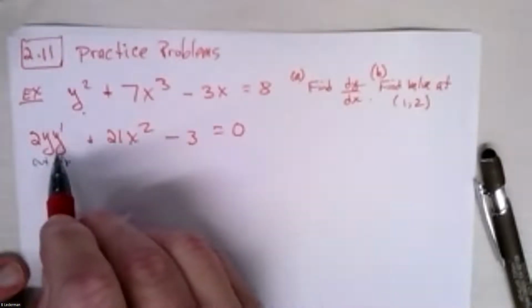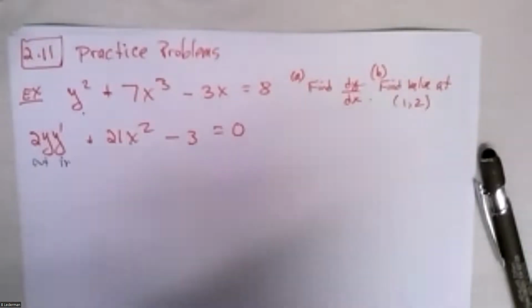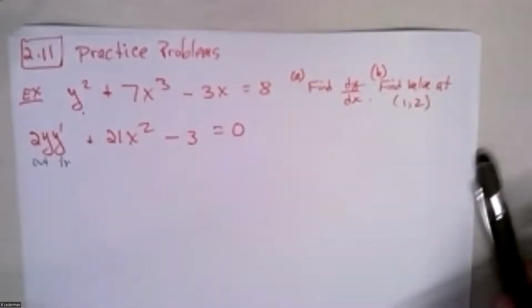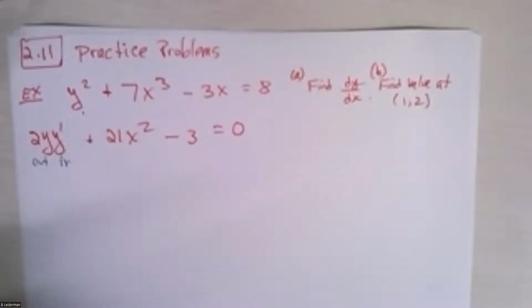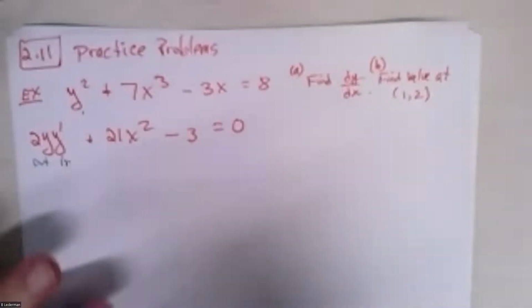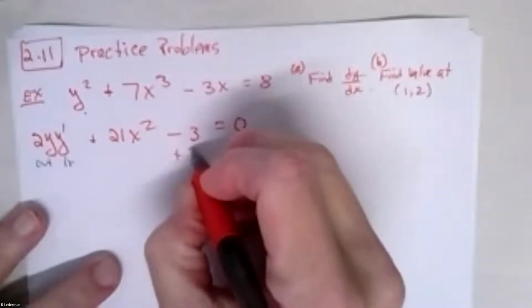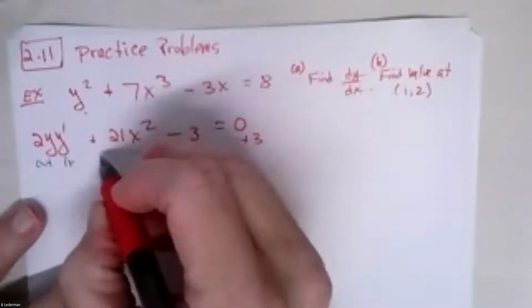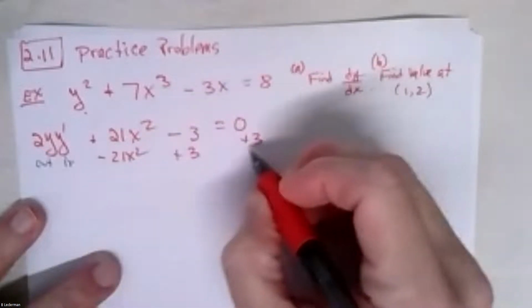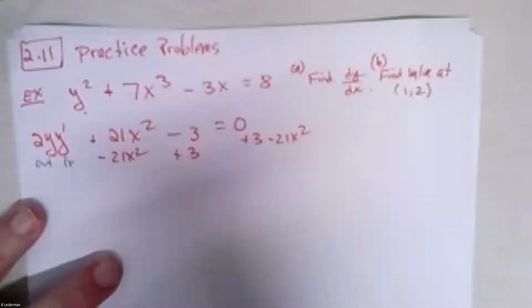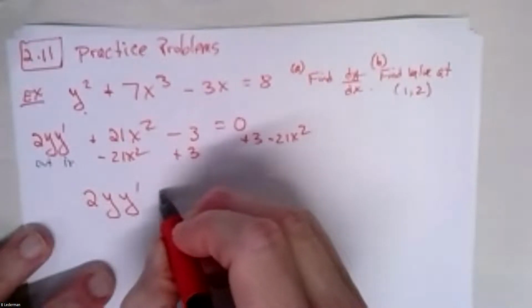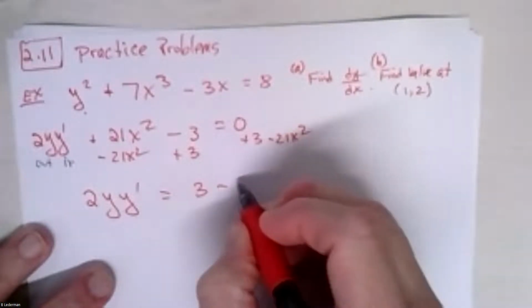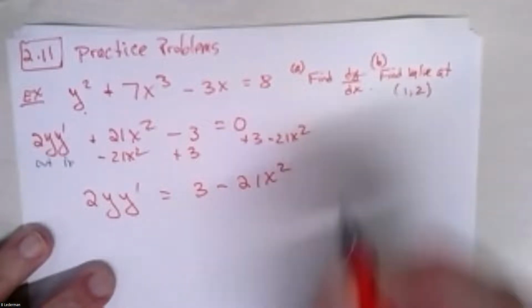Now, that was all the calculus. By the way, you'll notice that in calculus problems, there's usually one step of calculus and a jillion steps of algebra. From this point on, it's all just algebra. So we're going to bring the 3 over to the other side, and we're going to bring the 21x squared over to the other side. I get 2y y prime equals 3 minus 21x squared.